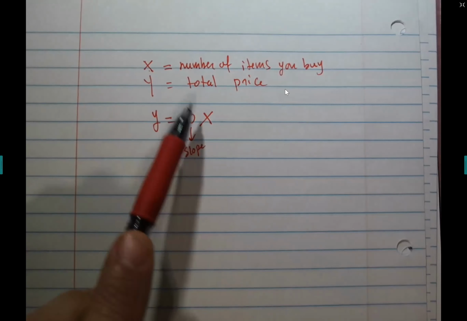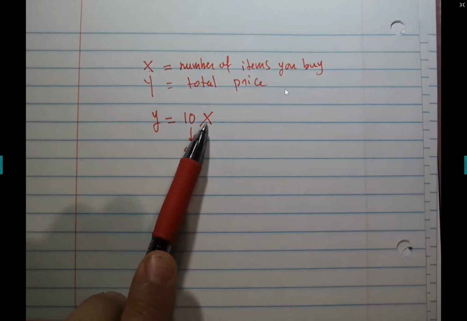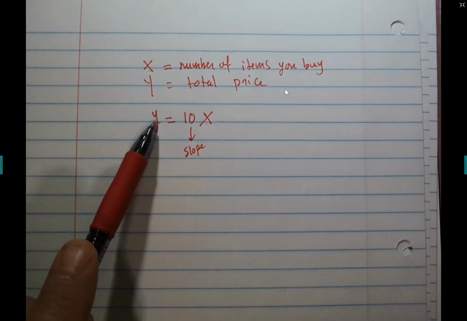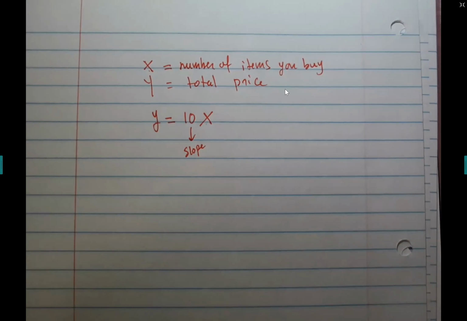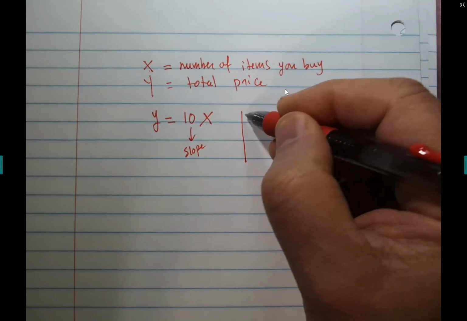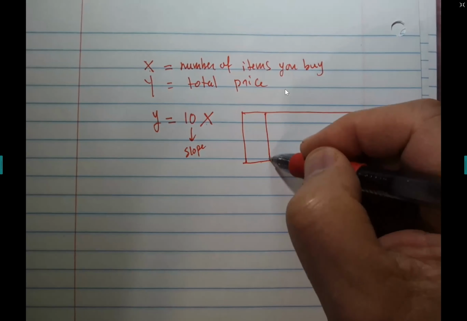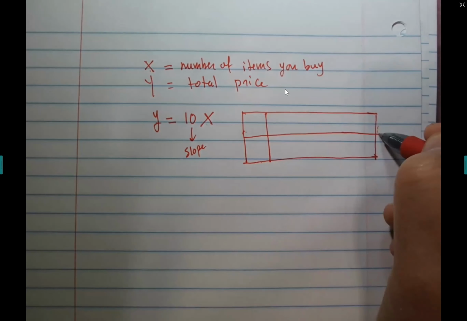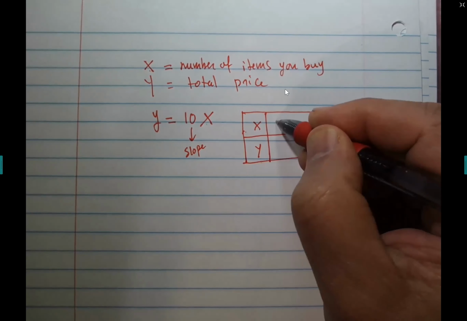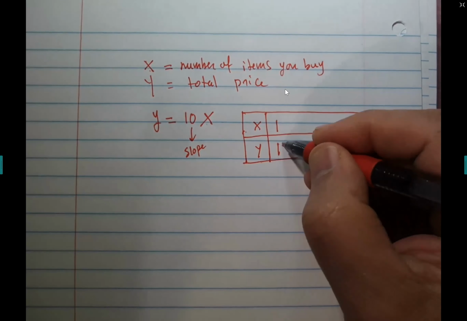If x was 1, guys, if you buy one item, what would be the total price? Let's make a table here. This is x and this is y. If x was 1, do you guys agree with me that y will be 10?